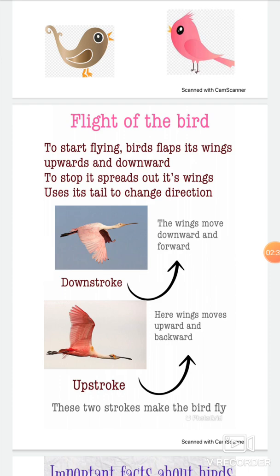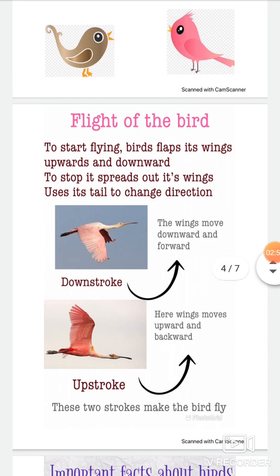When they start to fly, they move upward and forward in the air, and when they have to stop flying, they have to get down on the ground, and when they land, they spread out their wings to stop. And they use their tail to change their direction while flying.